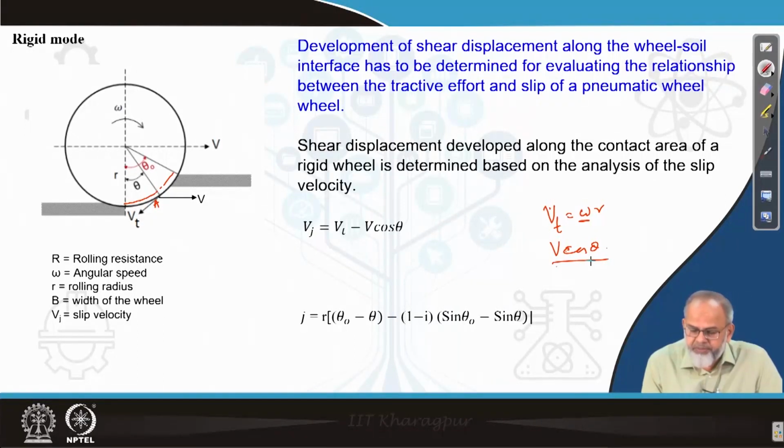So Vt minus V cos theta will be equal to the slip velocity Vj.